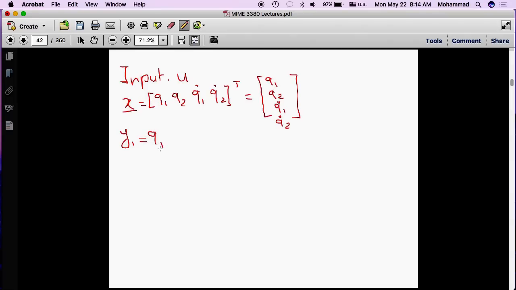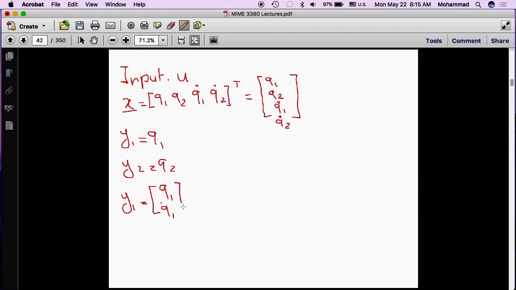You can simply say the purpose of modeling is to relate input U, the road roughness, to how much mass 1 moves. You can say, I don't really care about Q1, but I really want to know how much mass 2 moves. Then your output would be Q2. You can say, I care about two variables, Q1 and Q1 dot.